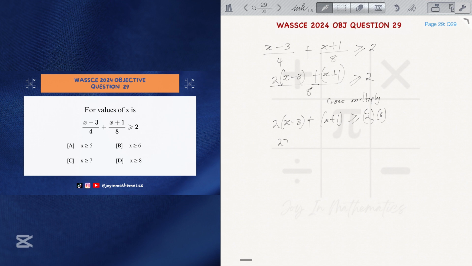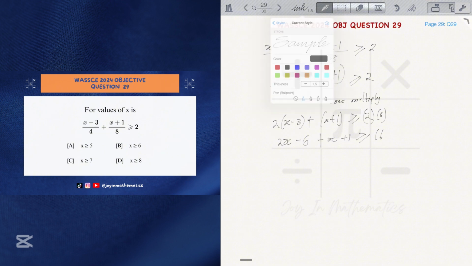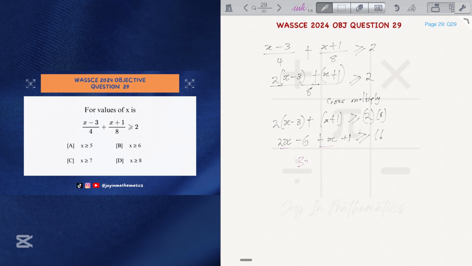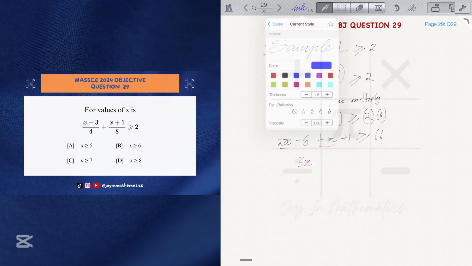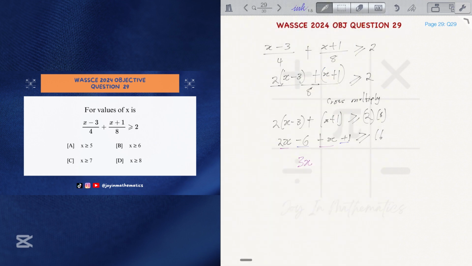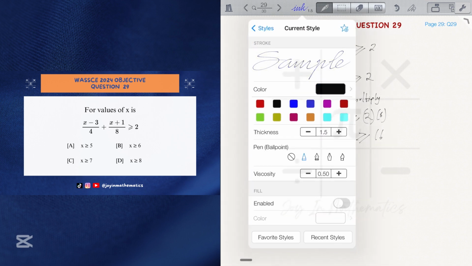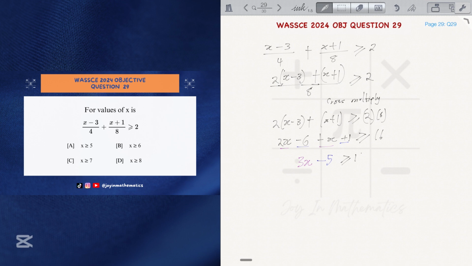This will result into 2x minus 6 plus x plus 1 is greater than or equal to 16. So what are the values of x now? 2x plus x will give us 3x. Similarly, minus 6 plus 1 will give us minus 5, and it is greater than or equal to 16.